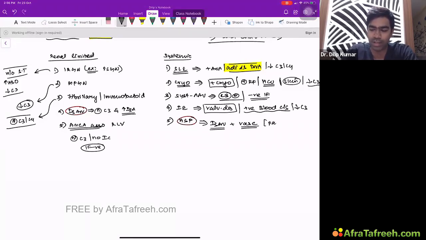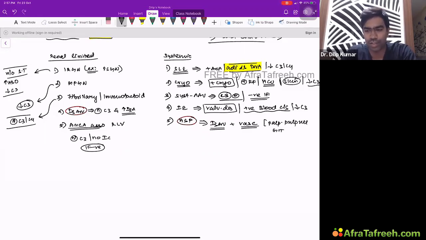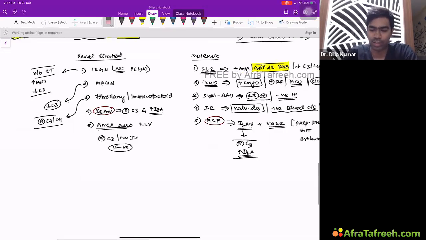For example, they will have a palpable purpura, gastrointestinal tract involvement like abdominal pain, GI hemorrhage can happen, or the patient might have joint involvement, musculoskeletal involvement like arthralgia and arthritis. So typically, once again, what are the features of IgA nephropathy? They'll have a normal C3. At the same time, they might have elevated IgA levels. This is an optional one, elevated IgA. So these are the features of Henoch-Schönlein purpura.